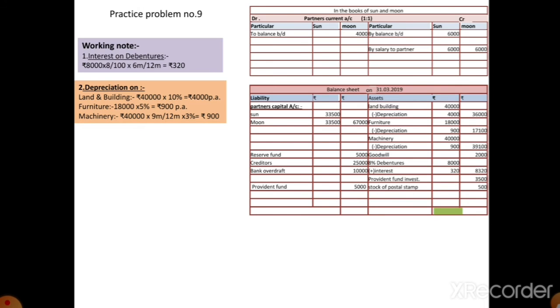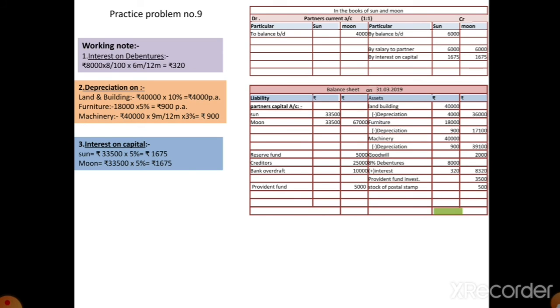Then the third adjustment, interest on capital at 5% per annum. The first effect of it is shown in the partners current account, and the second is shown in the profit and loss account. So first of all we calculate the interest on capital. The working note is available.